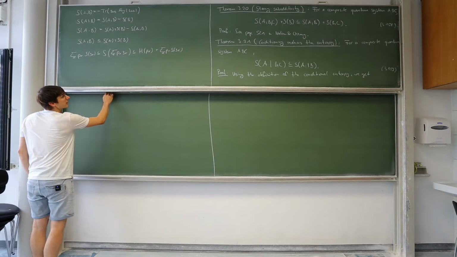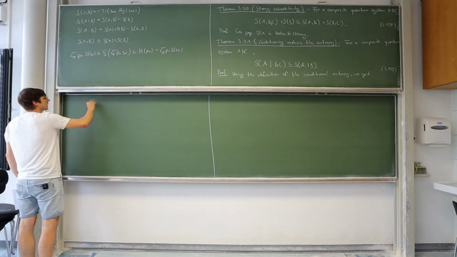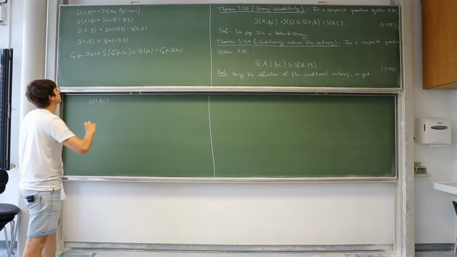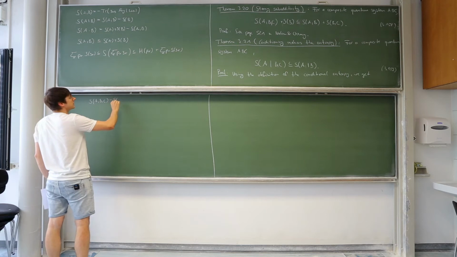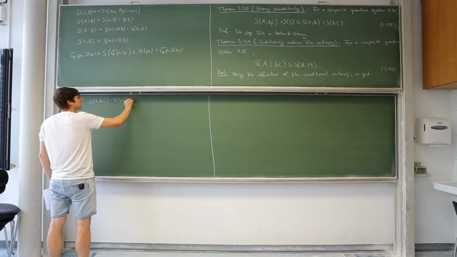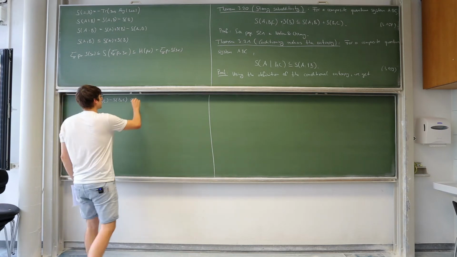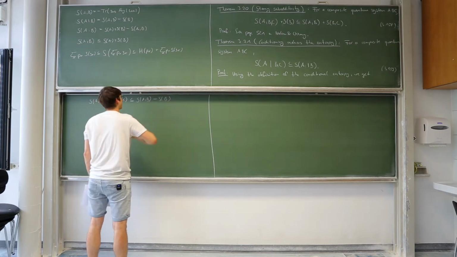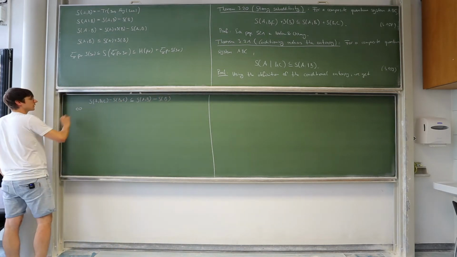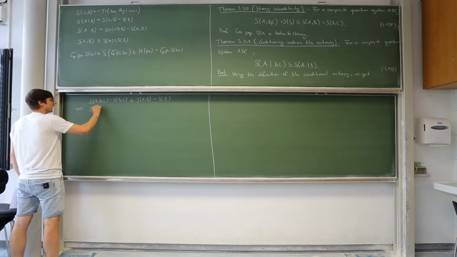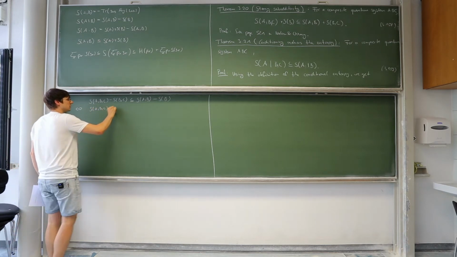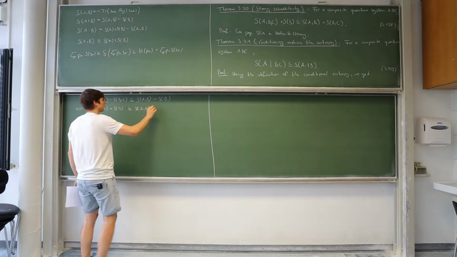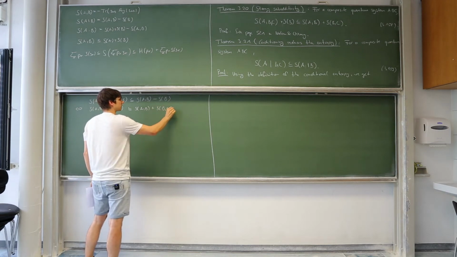For the left-hand side, we have the joint entropy of A, B, and C minus the joint entropy of B and C, is smaller or equal than the right-hand side, which is the joint entropy of A and B minus the entropy of B. Okay, so let's rearrange this a bit. It is the joint entropy of A, B, C plus the entropy of B smaller or equal to the joint entropy of A and B plus the joint entropy of B and C.